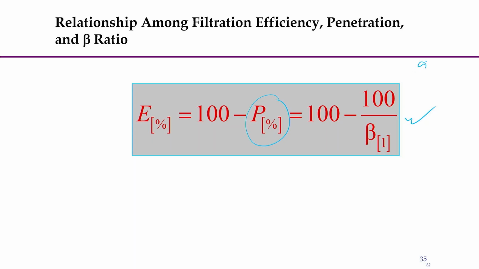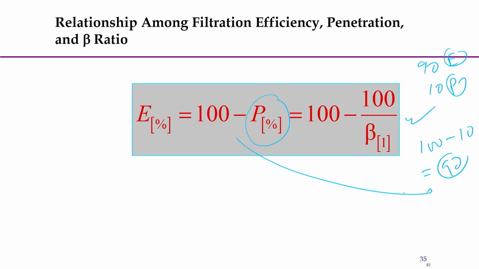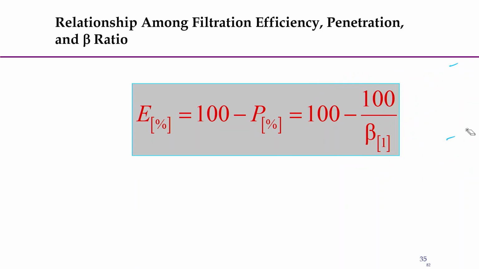When efficiency was 90, penetration was 10, so 100 minus 10, 90 is the efficiency that we have discussed. And the other relationship is efficiency equals 100 minus 100 by beta ratio. So, if we calculate the beta ratio we can calculate the efficiency also.